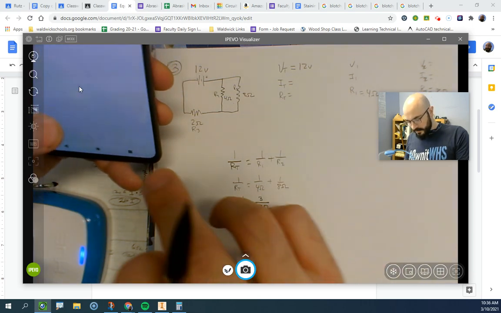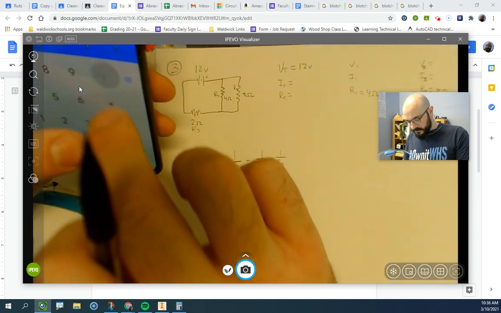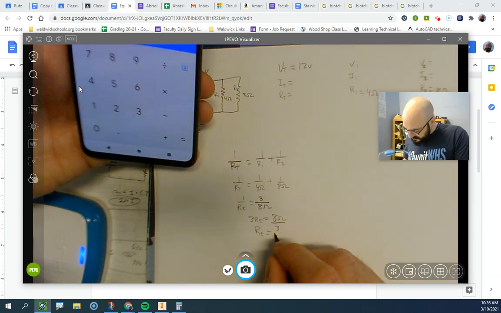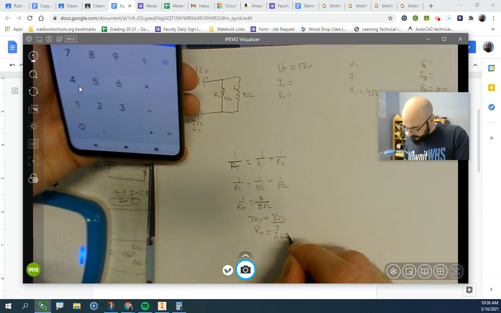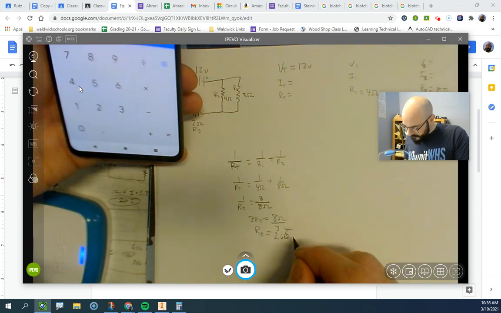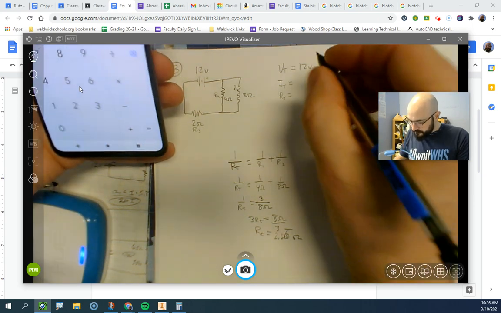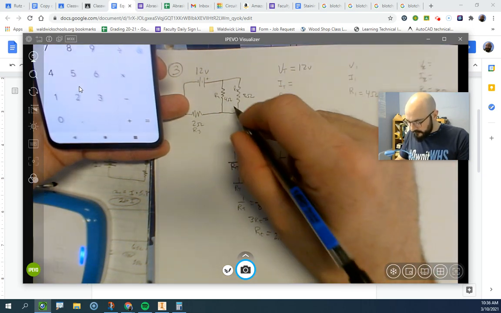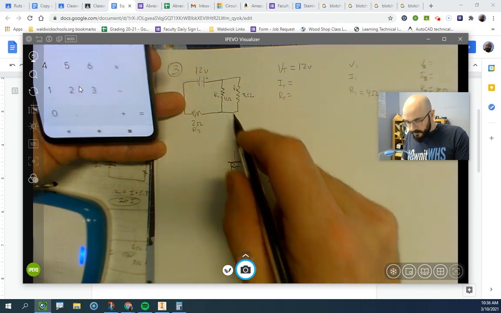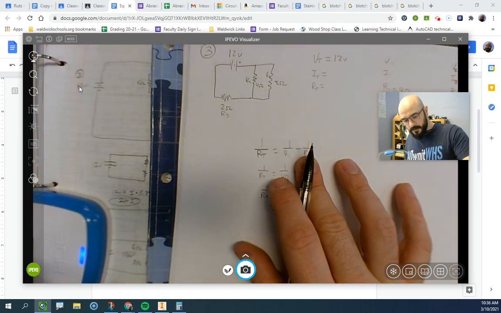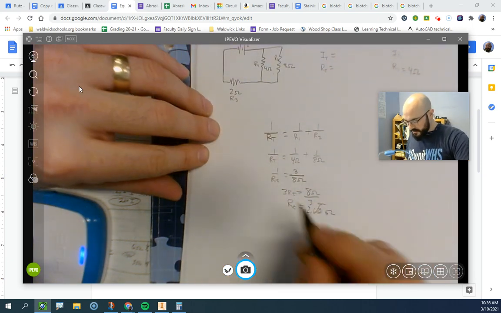My calculator, 8 over 3 is going to be like 2 something. 2.666 repeating ohms. That's for this. So now I can redraw this, and now I treat it as a series.